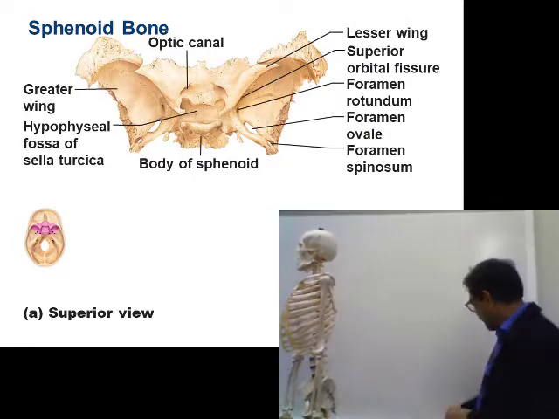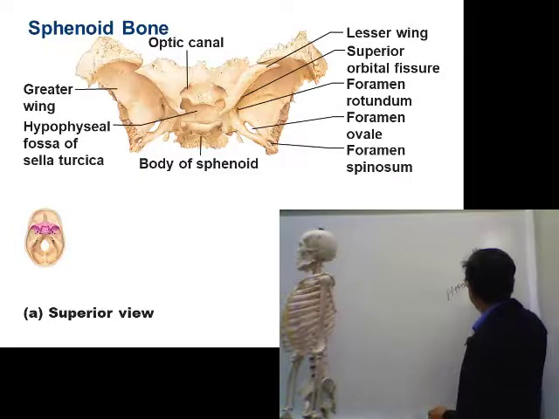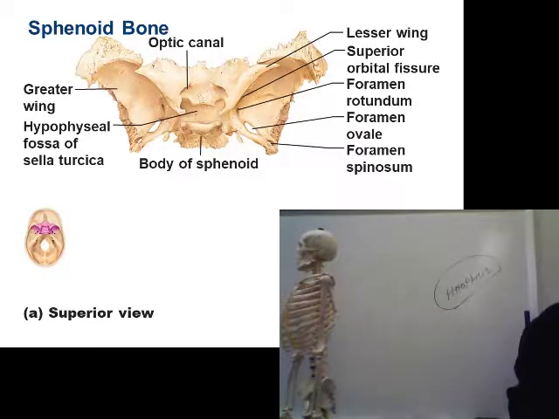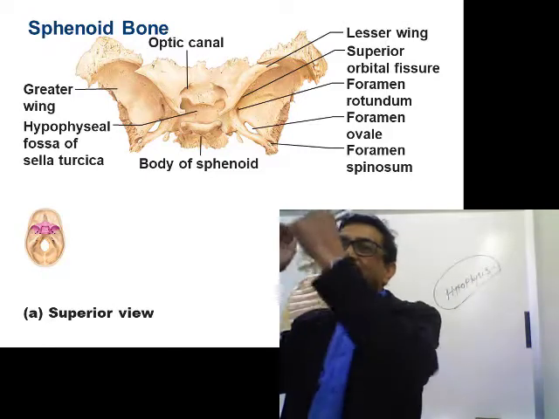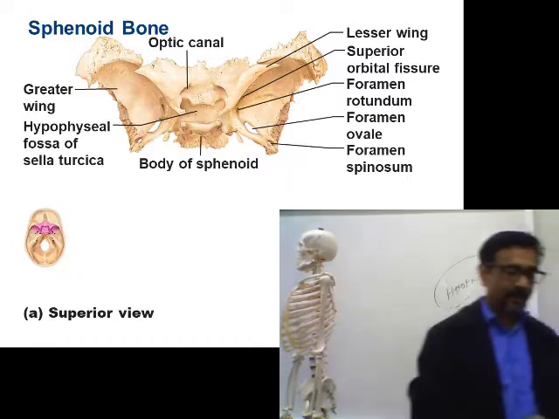So hypophysis is another name of the pituitary gland. So that's why this fossa is called hypophyseal fossa, fossa for the pituitary gland.